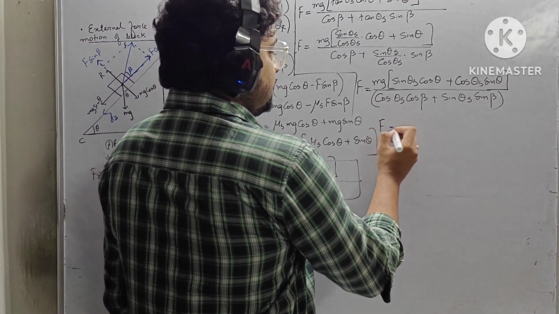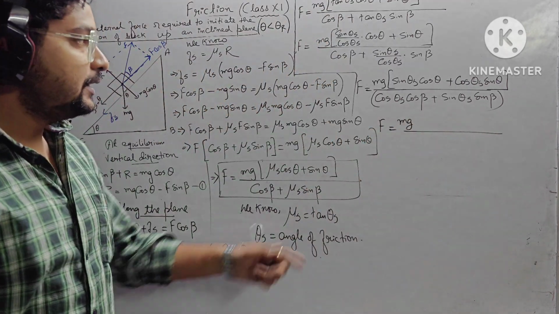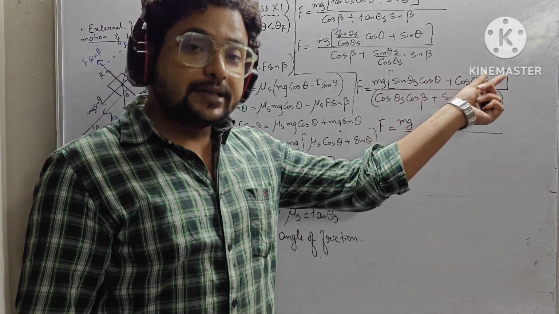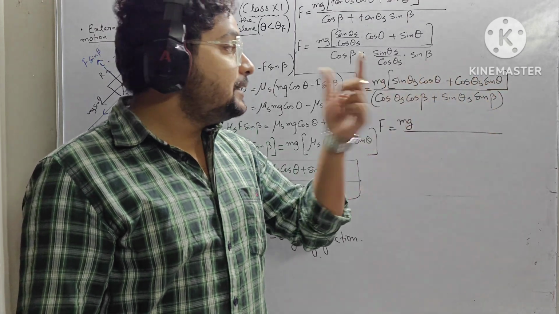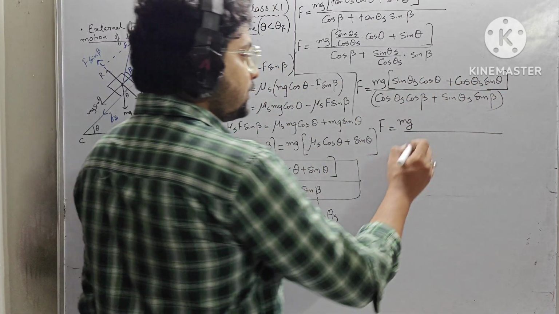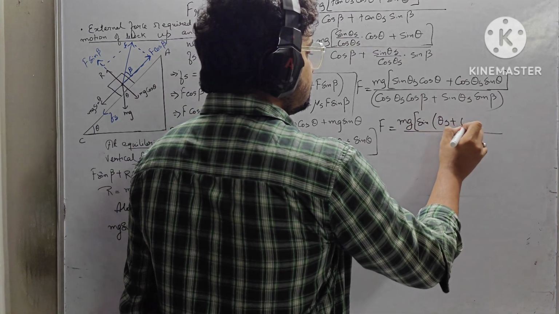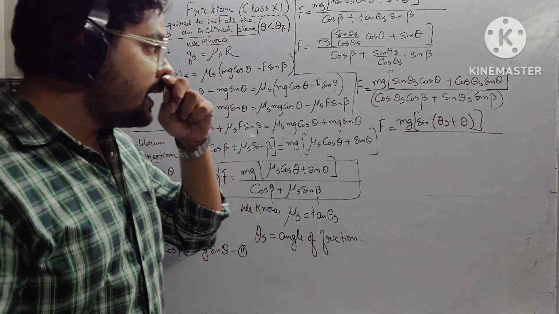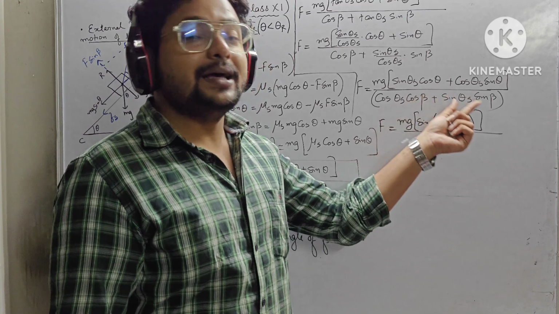Now see, in the numerator I have mg, sin theta s cos theta plus cos theta s sin theta. That means sin a cos b plus cos a sin b. Sin a cos b plus cos a sin b, that is actually sin a plus b. The formula is sin a plus b. In the denominator I have cos a cos b plus sin a sin b.